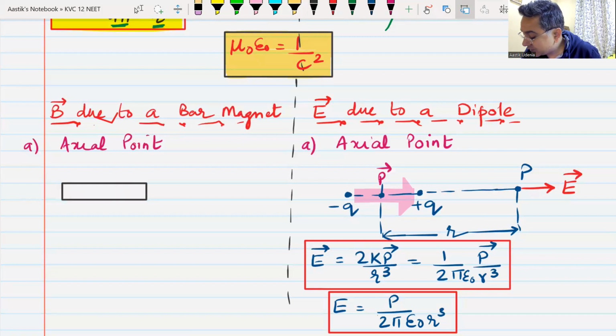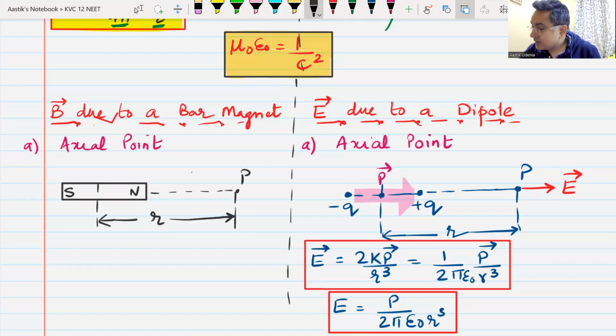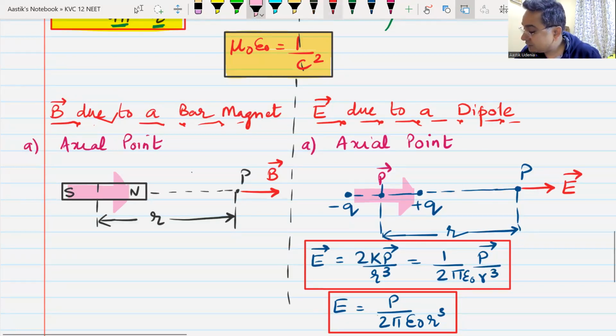So I've drawn a small bar magnet. This is the south pole, this is the north pole, and the point P is here, and the distance is always given from the center as r. The direction of magnetic field will also be like this, B vector. The dipole moment is M vector, from south towards north.